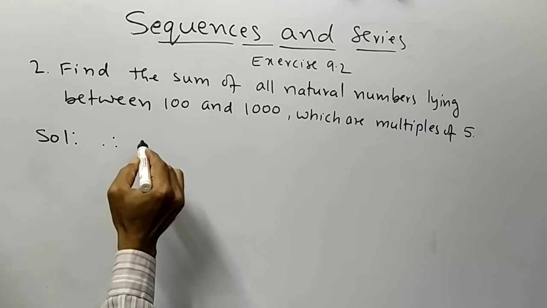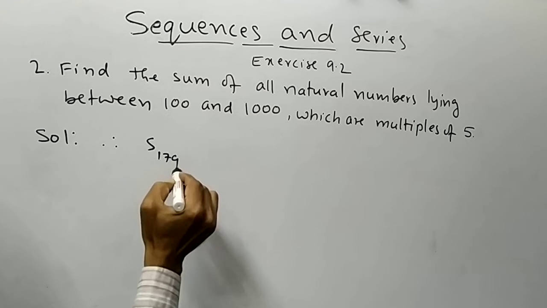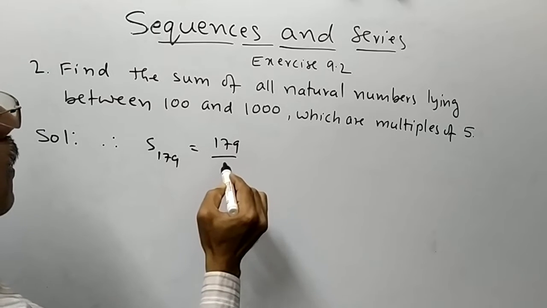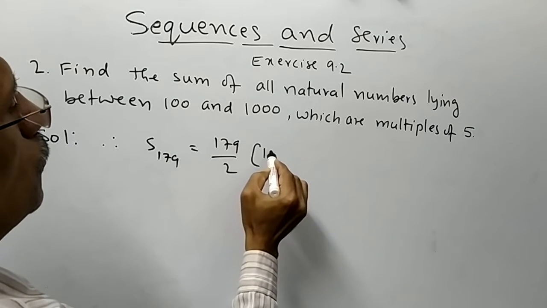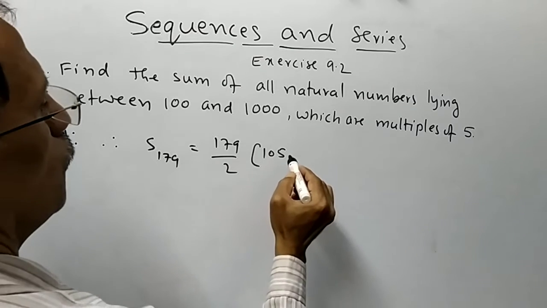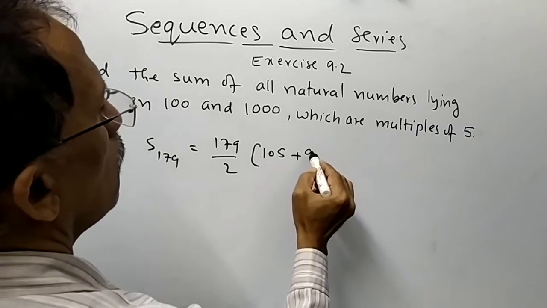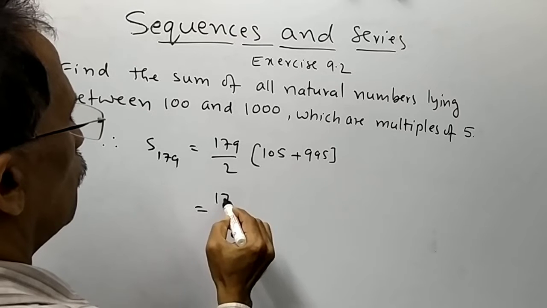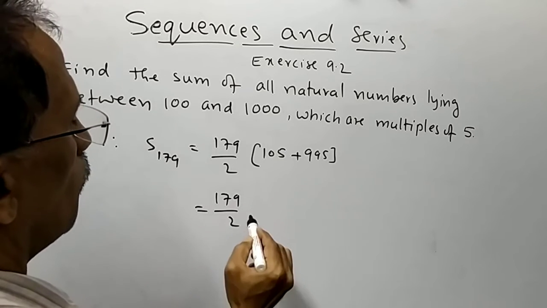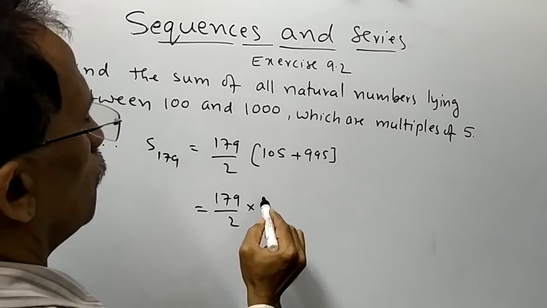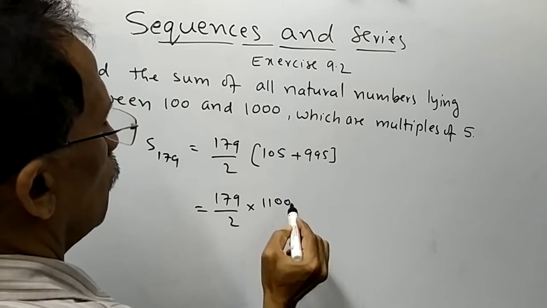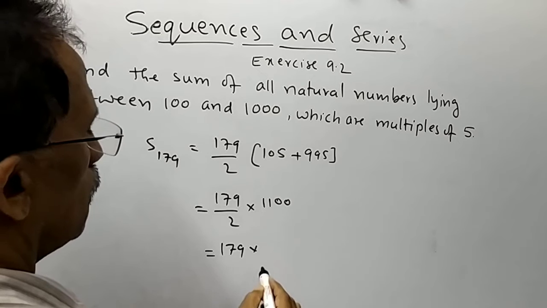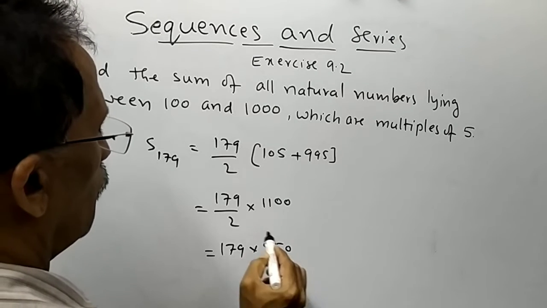Therefore, S179 is equal to 179 divided by 2 into 105, that is A, plus L, 995, is equal to 179 divided by 2 into 1100, is equal to 179 into 550.